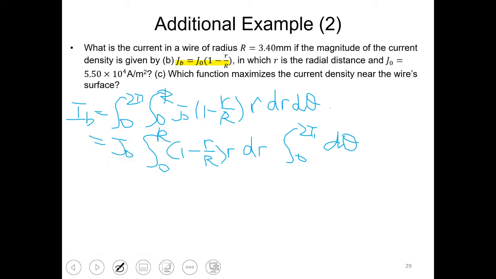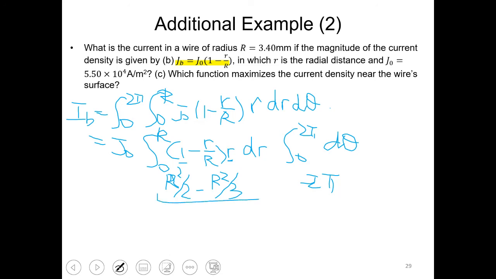So the first term is r, so it will become R squared over 2. And then here we have r squared, so we have R cubed over 3 and then over R, so that we have minus R squared over 3. And then this is still 2 pi.